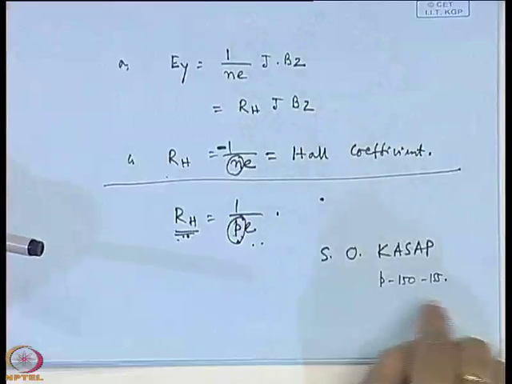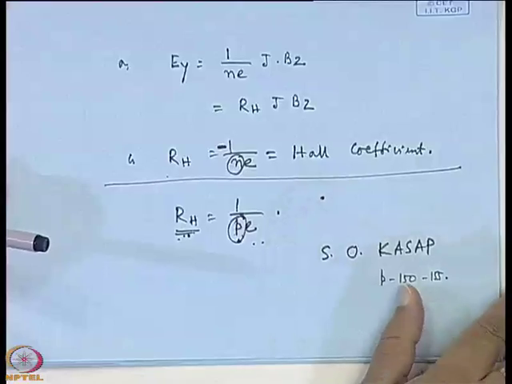When electrons leave, that means positive ions will be generated. So, one electron in the bottom means one positive ion in the top. Thereby the field will be generated. In N type also, the electron comes from the ionization of the donor impurity, the same thing will happen. And if you need more discussion, you consider S.O. Kasap, page 150 to 155.